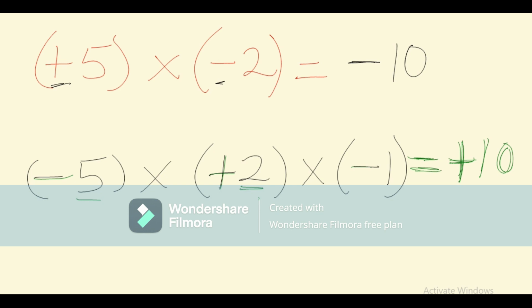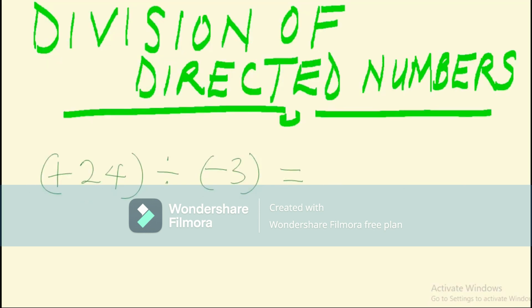Now, going to division, we have positive 24 divided by negative 3. You might want to write it like a fraction, positive 24 divided by negative 3. Why do you prefer to write it like a fraction?